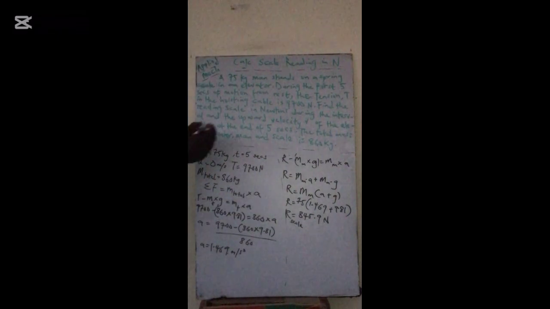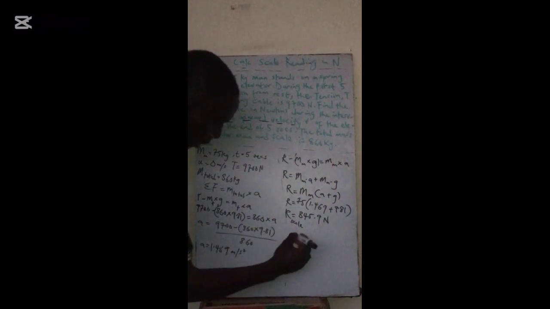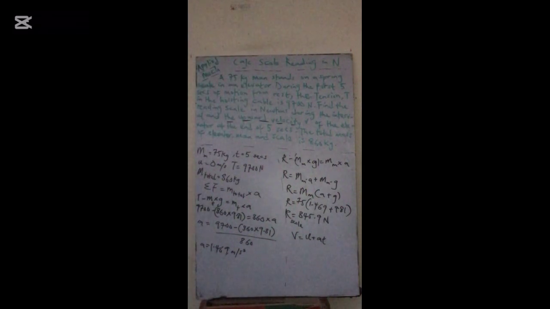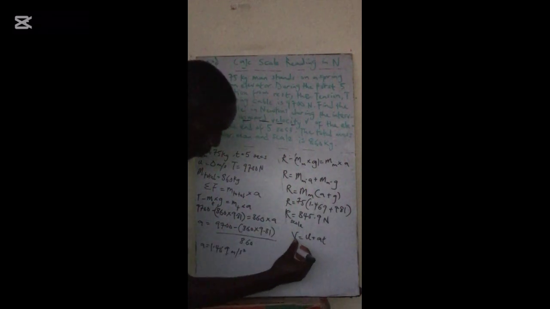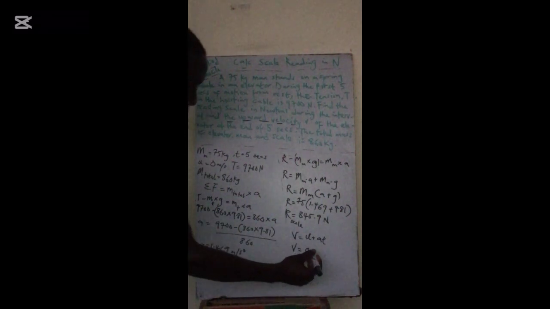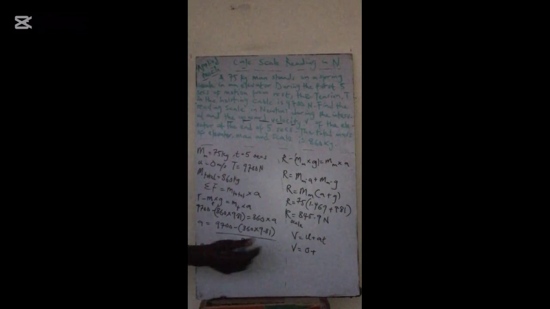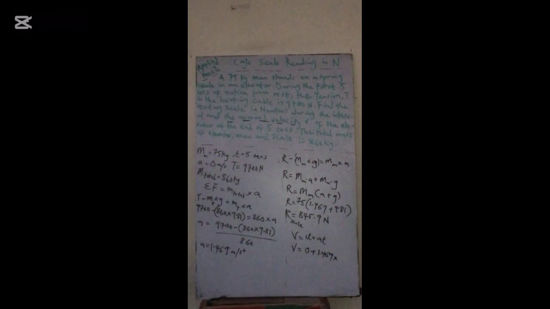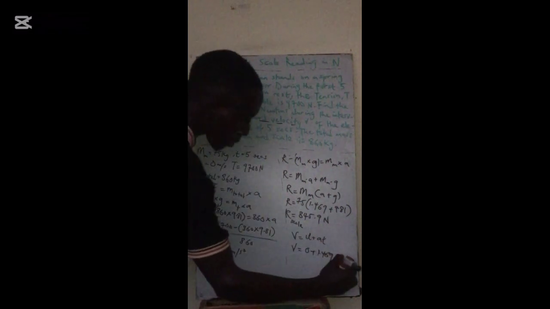But the second question said find the upward velocity. Can you calculate that using the equation of motion? Since we have v is equal to u plus at, we can calculate velocity. This is where u is valid. Remember they told us it's from rest, so we are using u as 0 plus our acceleration, 1.469, multiplied by our time, which is also valid here, 5 seconds.